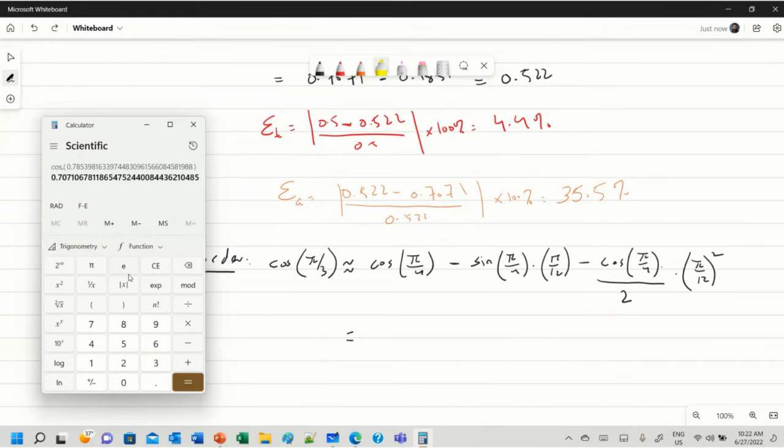The cosine of this divided by 2, and then multiplied by pi squared divided by 12 squared. So that's 0.0243. Of course, that's going to be minus, and add with it the 0.522. So it comes to be 0.49.